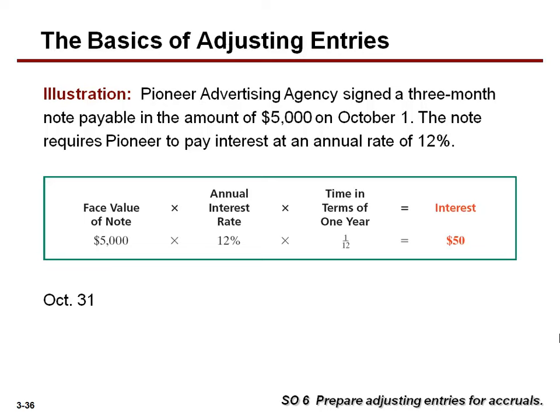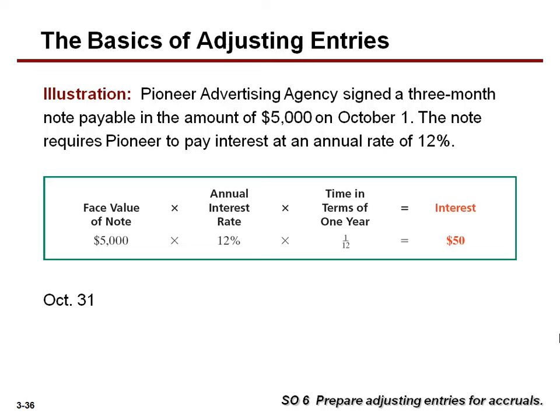So during the month of October, we're going to record 1 month of interest expense that we're not going to pay until later. So the face amount of the note, $5,000, 12% annual percentage rate, and multiply that times 1/12. So $50 is the interest expense that's applicable to the month of October.